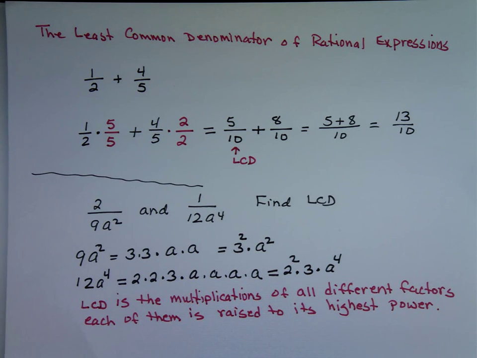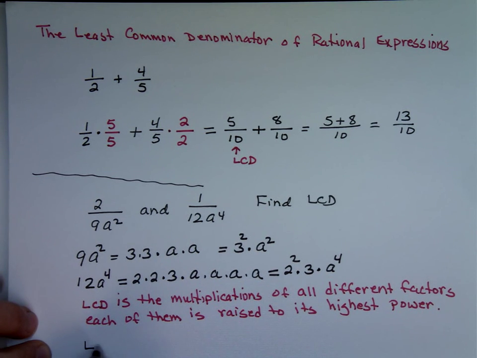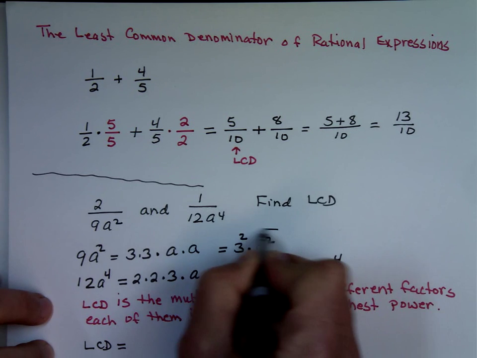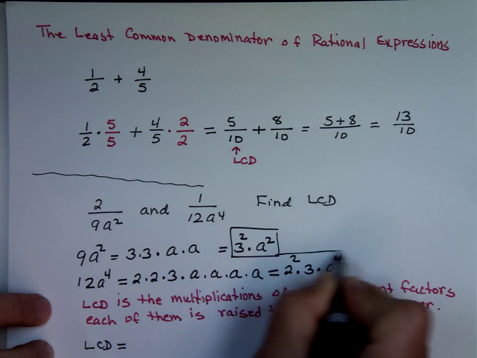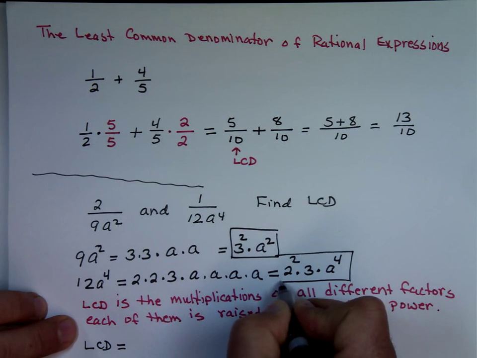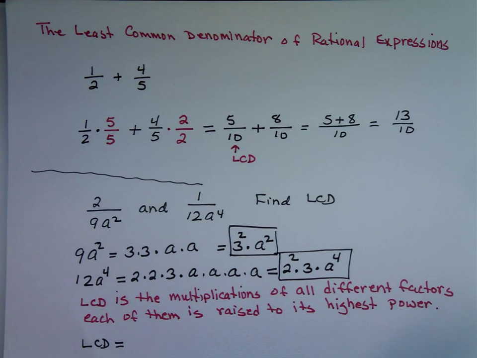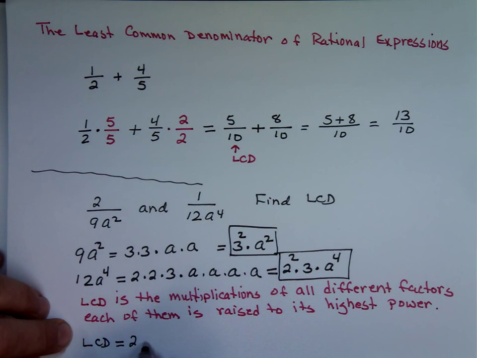So the LCD here, I'm going to look at the two groups here. This is one group. This is the other group. The different factors I see in these boxes, I see a 2, I see a 3, I see an a.